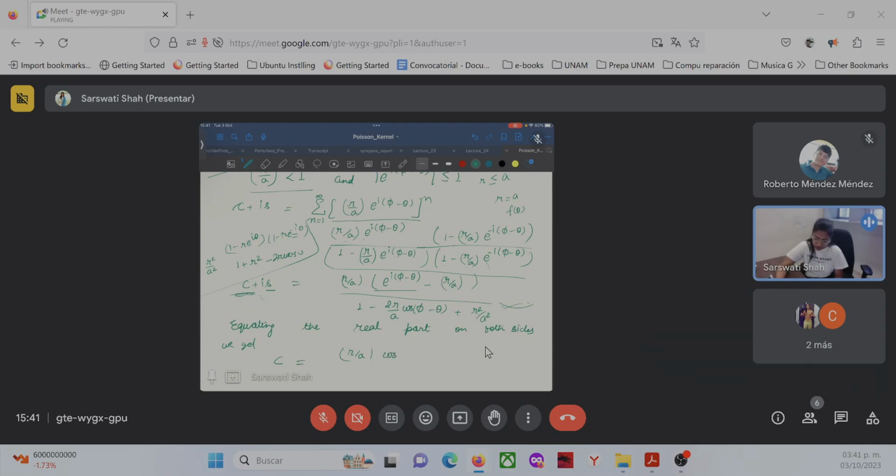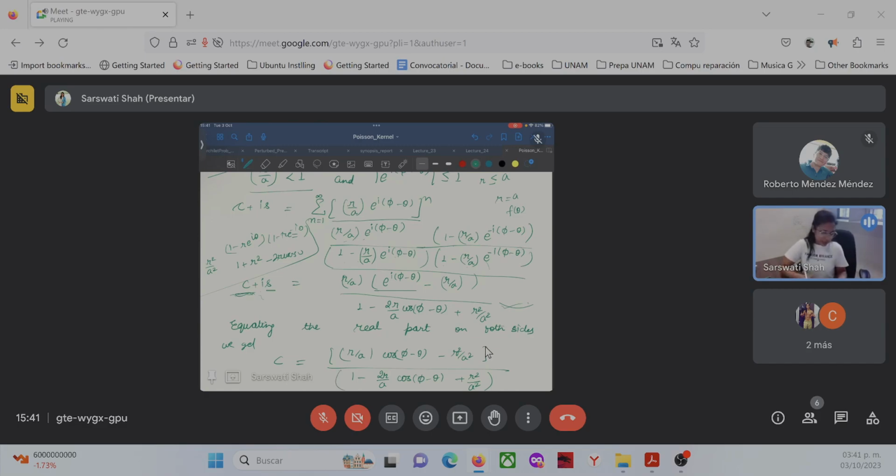So cos(phi minus theta) minus r over a will go inside 1 minus 2r over a cos(phi minus theta) plus r square over a square.